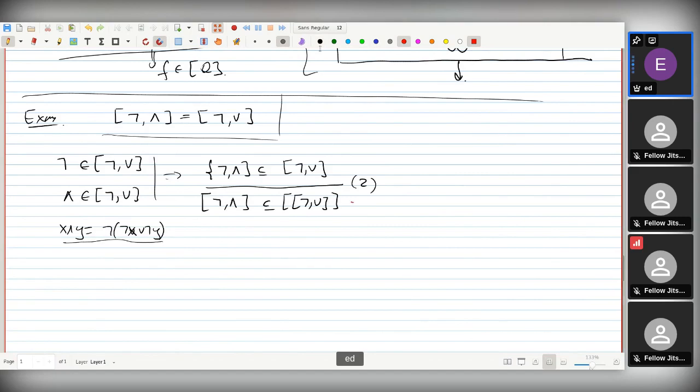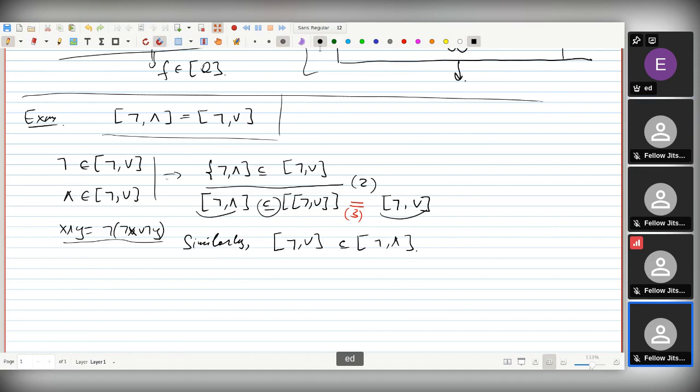But applying property 3, the double closure equals single closure, we see that this set is included into this one. And similarly, one can prove that this set is included into this one. Is this idea clear? Yes.